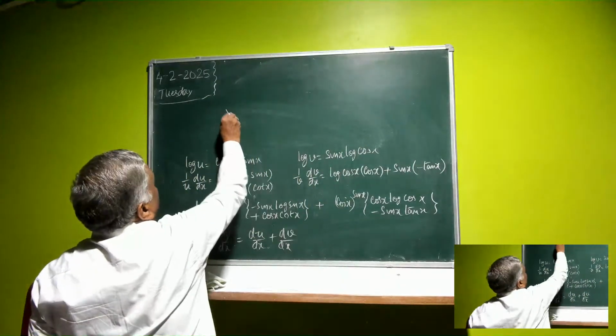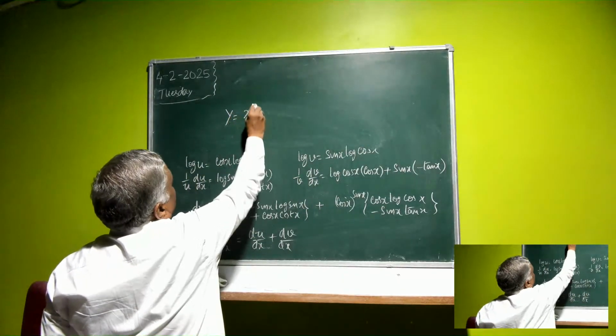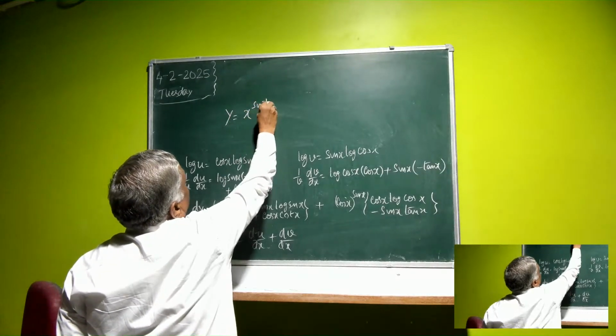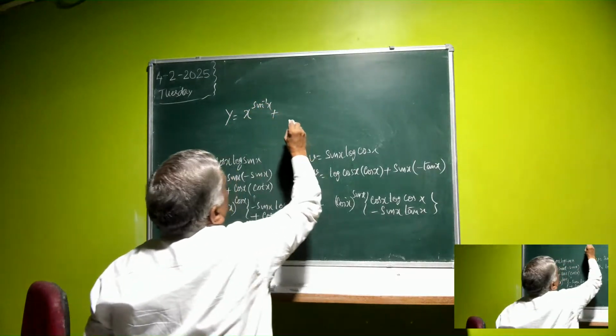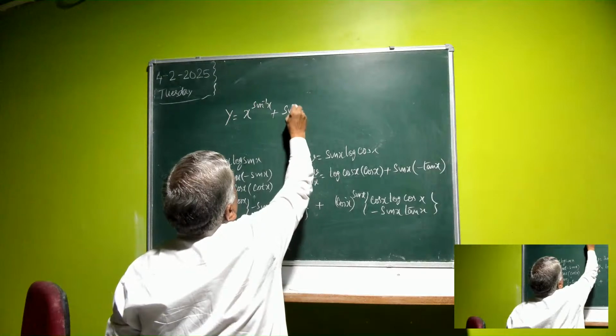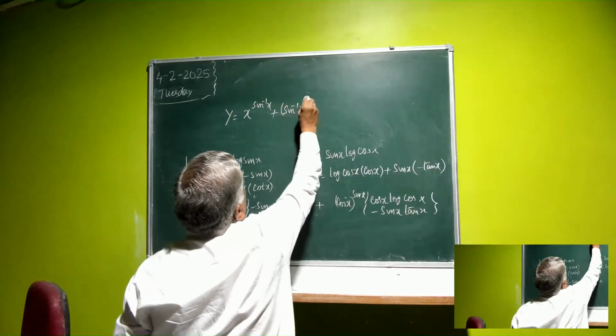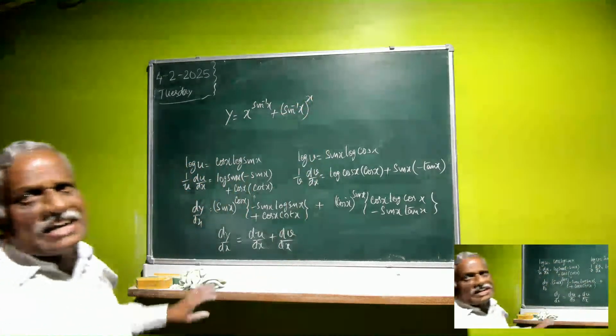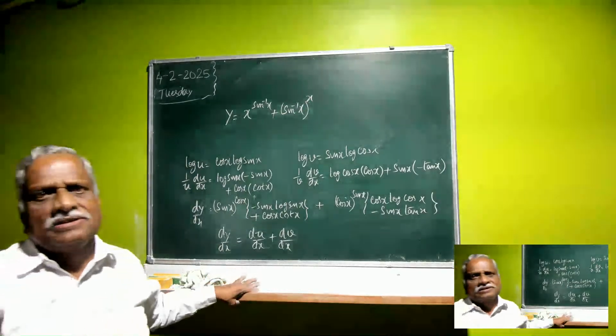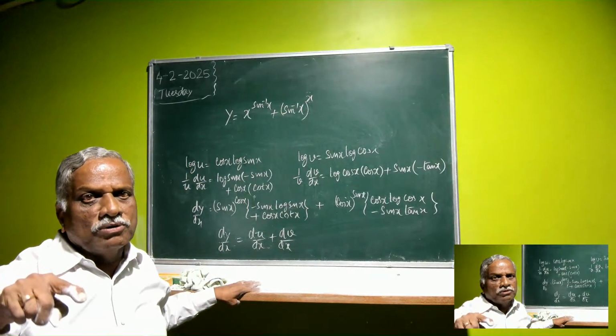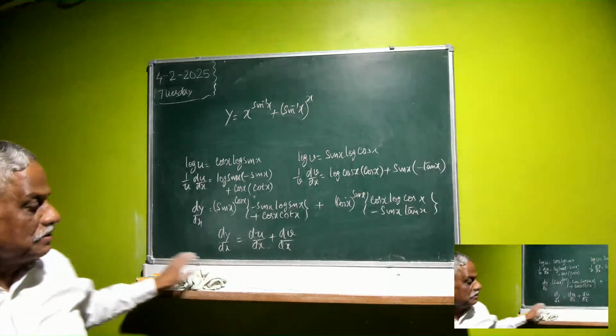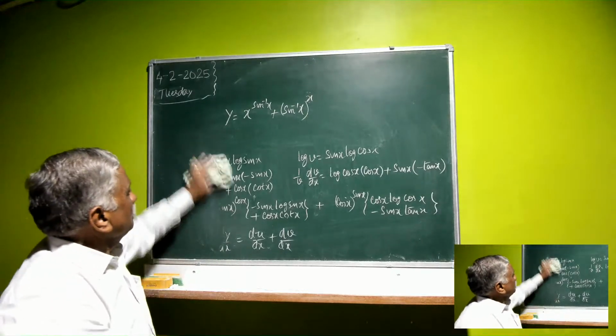Y is equal to x to the power of sin inverse x plus sin inverse x to the power of x. So they can give any functions, but it's a problem where you have got to use logarithm, that you should realize. So what is your first step here?